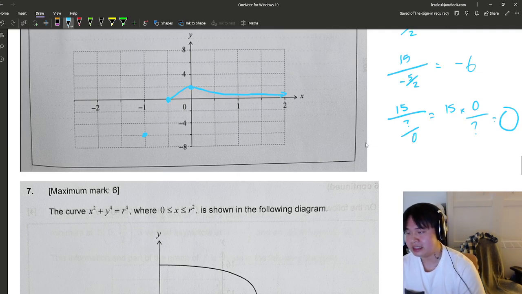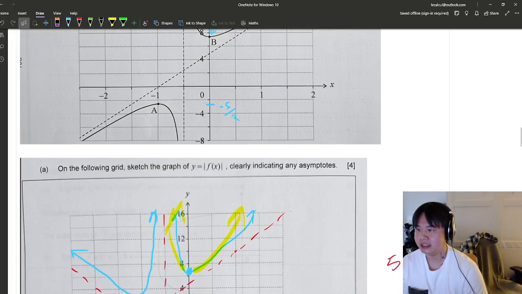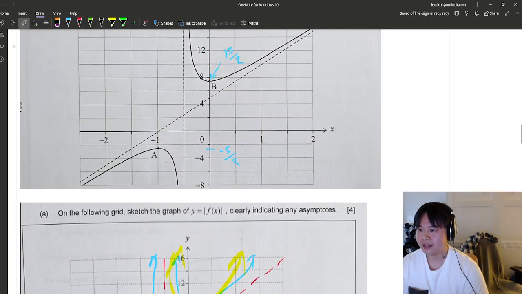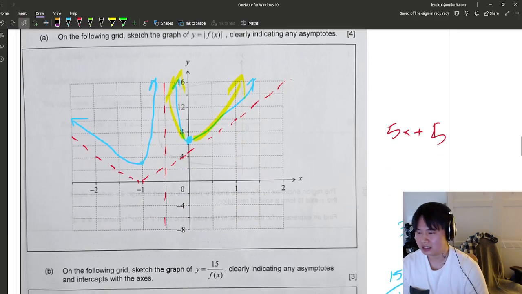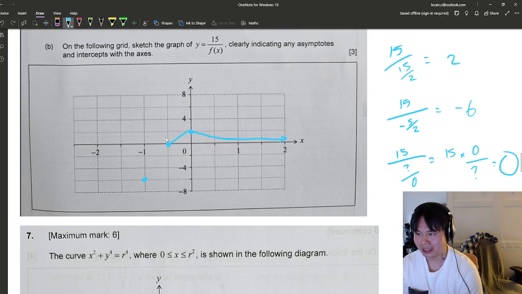Okay, and then in the same logic, this side, right, this is our lowest point on the reciprocal. And then the y value gets smaller, like more negative.